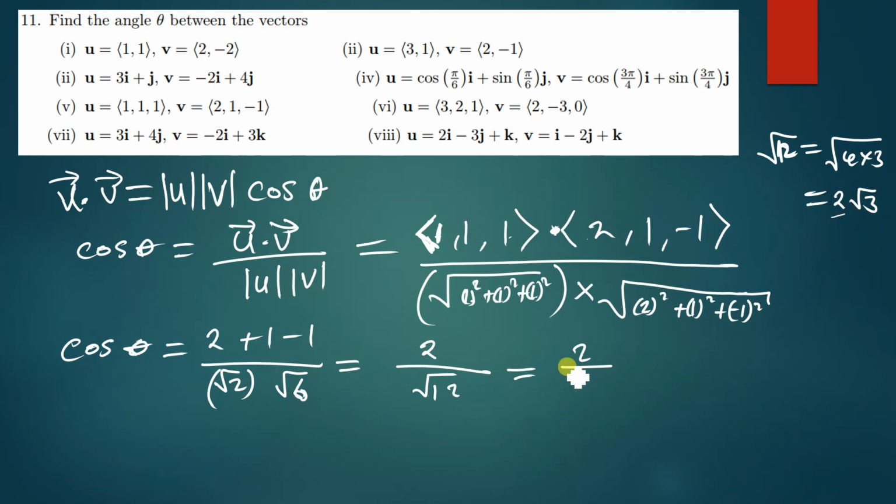So you can write this as 2 root 3. That 2 and that 2 cancel, meaning we'll remain with 1 over the root of 3. So we have cos theta being equal to 1 over the root of 3.